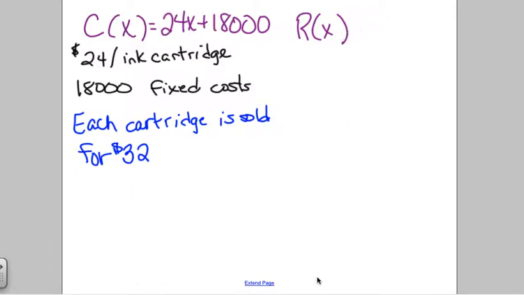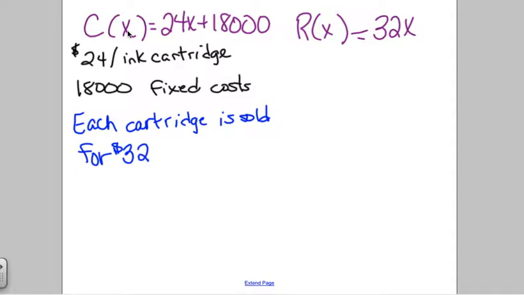That means that my revenue function is how much money I'm making off of every item. Well, then I'm making $32 for every ink cartridge that I sell. So I want to find where I would break even. So where my cost, how much I've paid for buildings or labor or anything else, would equal my revenue so that I can start making a profit.